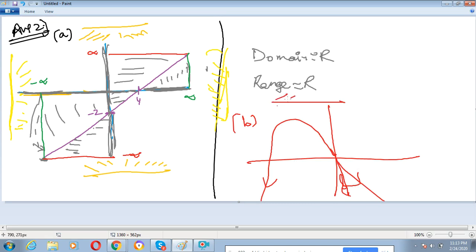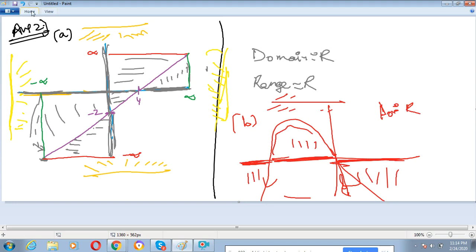If I take a beam of light on the top and at the bottom, the shadow of this part will fall here, this part here. And of course, the domain will be R.